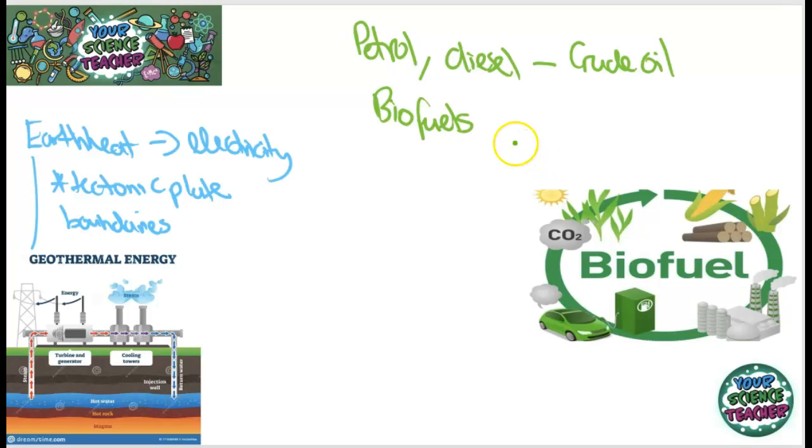And the reason why biofuels are going to be a massive thing for the future is the fact they use plants. And you grow these plants and they produce this oil that can be burnt in a car. They put that carbon dioxide they've collected during their life through photosynthesis back into the environment. So therefore, they are called carbon neutral.